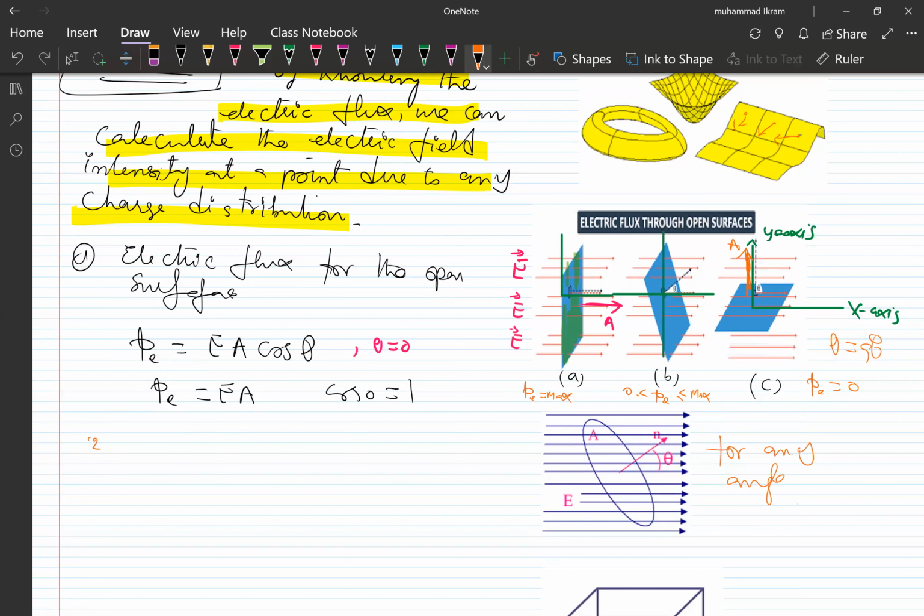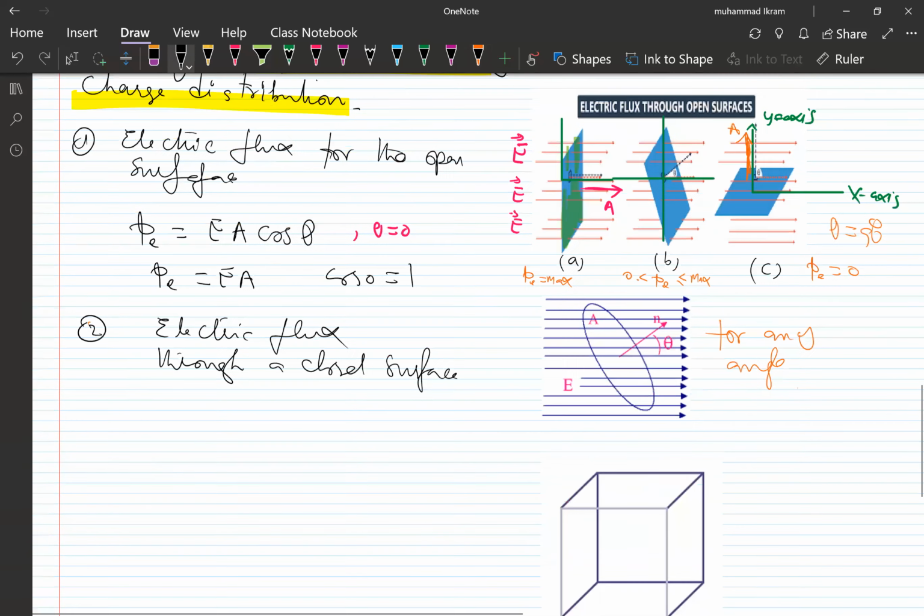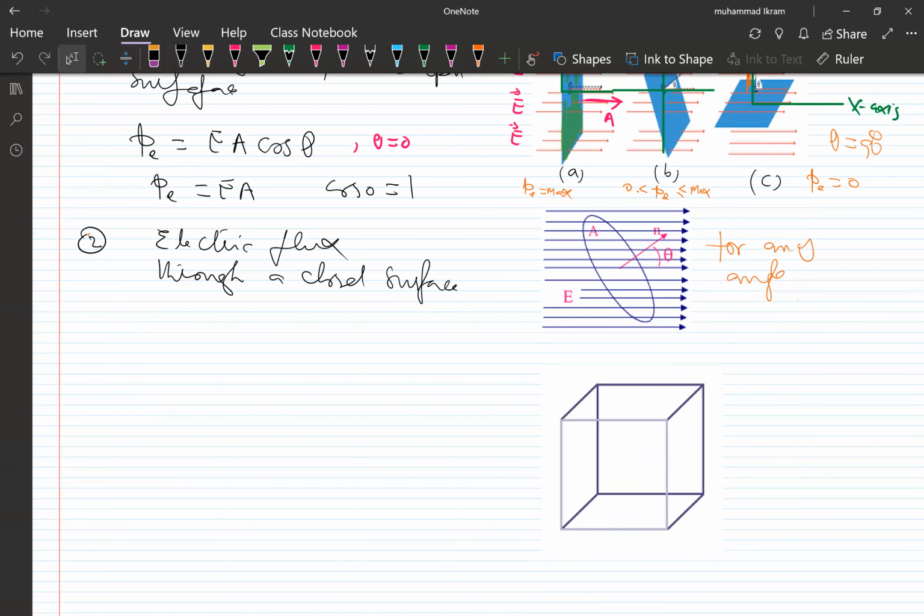What will be the electric flux through a closed surface? Electric flux through a closed surface. How can the electric flux through a closed surface be calculated? This is a closed surface. For example, if you have any charge distribution, then look at the electric flux through a closed surface.